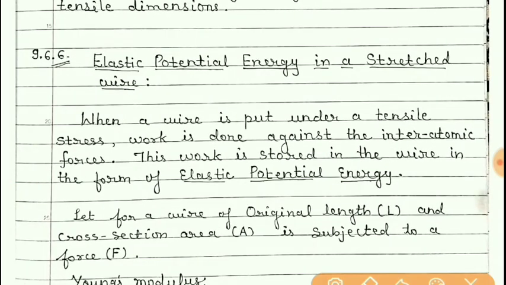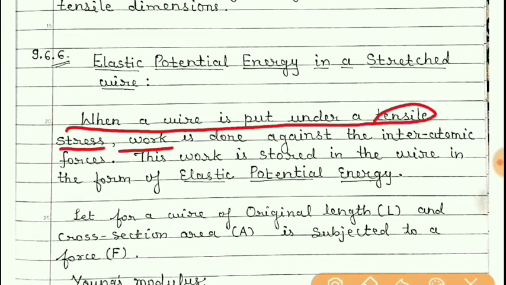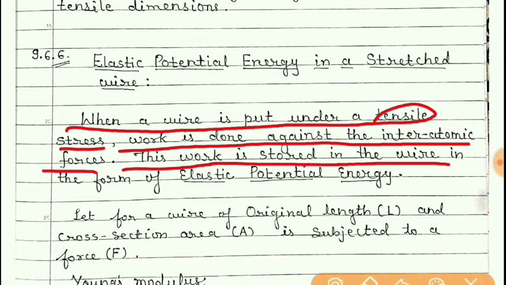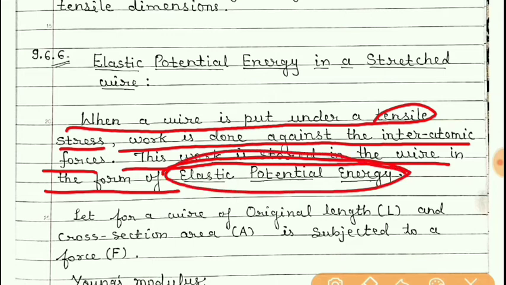So I have written here, when a wire is put under a tensile stress, work is done against the interatomic forces, and this work is stored in the wire in the form of elastic potential energy.